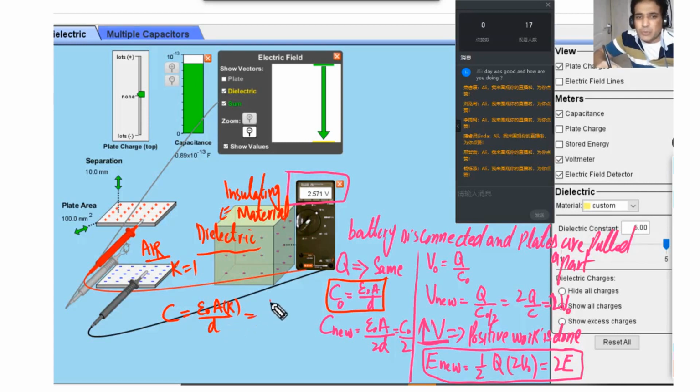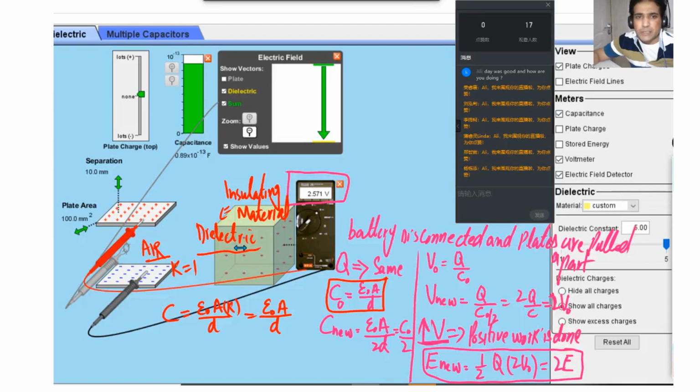But if this is other than air, the value of K will be greater than 1. So it means the capacitance will increase.